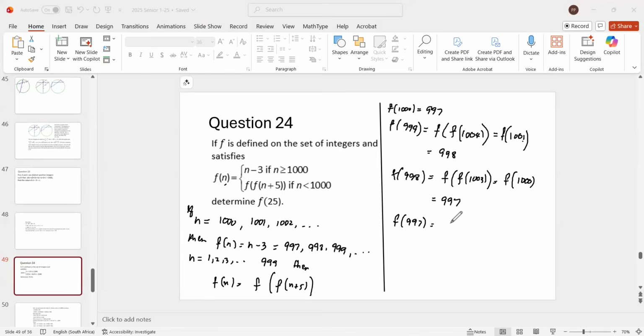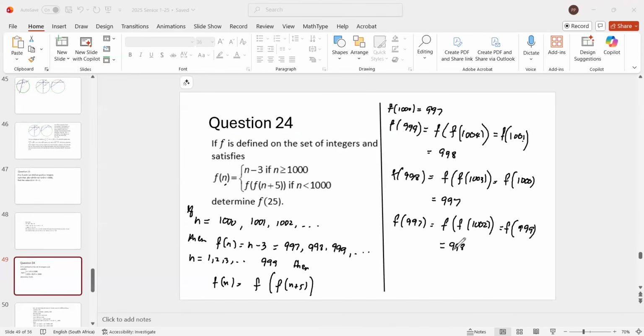f of 997 is what? This is f of 997 plus 5, which is 1,002. The f of 1,002 is 999. But we've calculated f of 999, so this is 998.